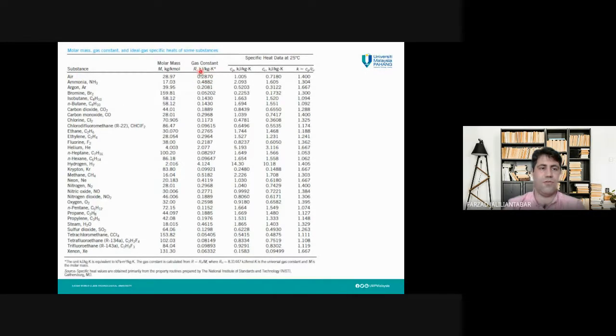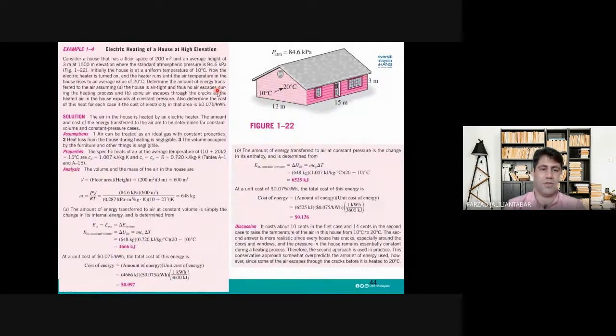For air, R is equal to 0.287. Okay, so we have Cp, we have R, we can calculate Cv. Cv will be equal to 0.720 kilojoule per kilogram Kelvin. So we have Cv and Cp to put in both of these equations.